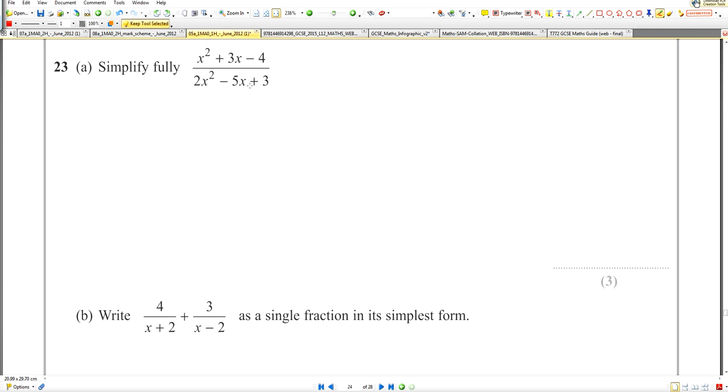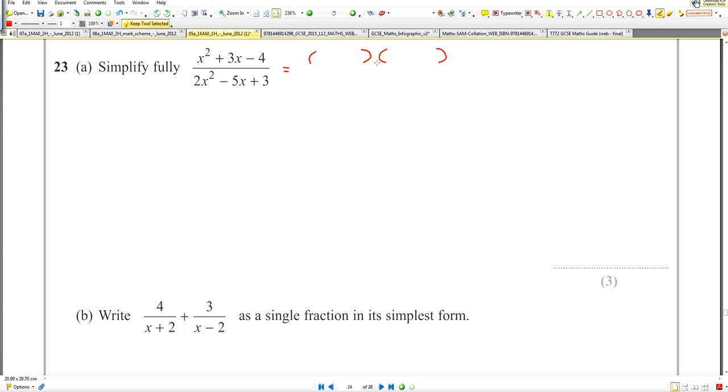Simplify fully x squared plus 3x minus 4 over 2x squared minus 5x plus 3. For this important question, we need to factorize the top, factorize the bottom, and then start to cancel. We have x squared plus 3x minus 4.